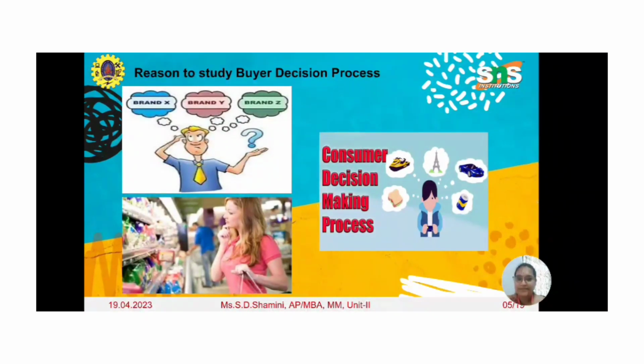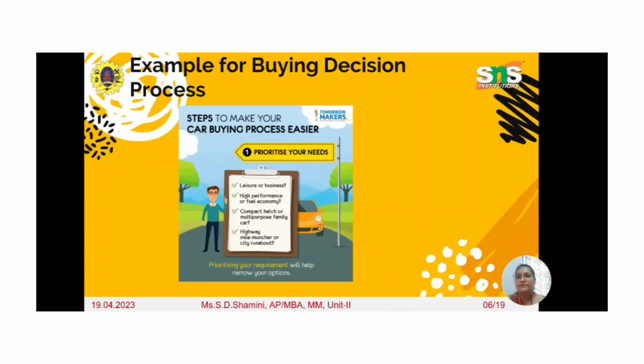It may be one of the reasons, or they don't know about the performance of the product, or they know the performance of the product and they hesitate for personal reasons or some other factors. So let's see one example for this buying decision process.